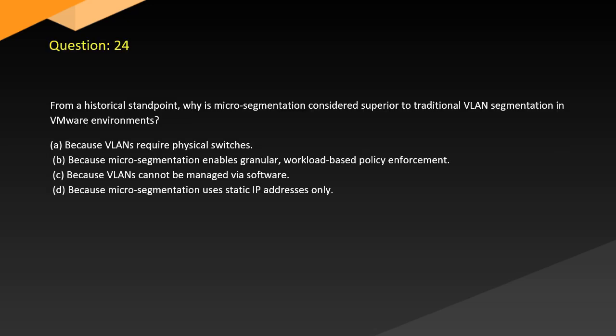Question 24. From a historical standpoint, why is micro-segmentation considered superior to traditional VLAN segmentation in VMware environments? A. Because VLANs require physical switches. B. Because micro-segmentation enables granular workload-based policy enforcement. C. Because VLANs cannot be managed via software. D. Because micro-segmentation uses static IP addresses only.